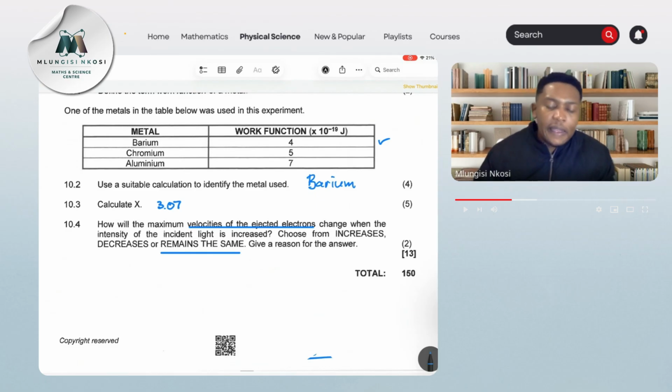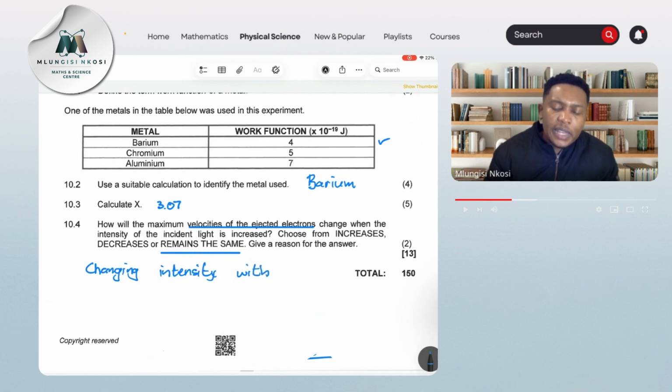And they say give a reason for your answer. In this case, changing intensity will not change the frequency of the incident light.